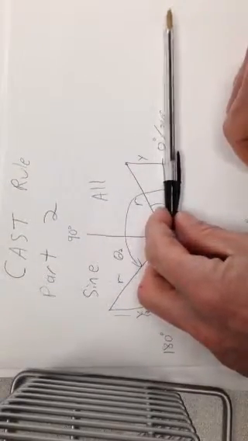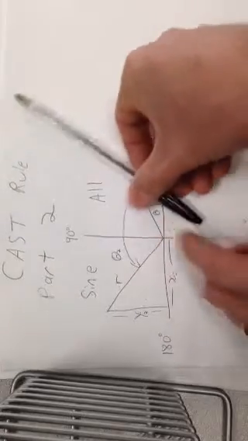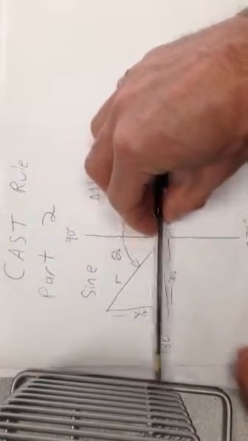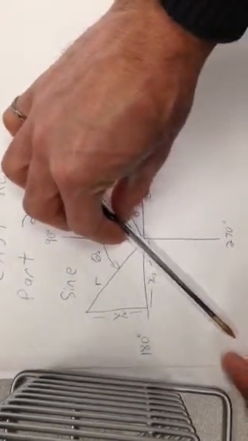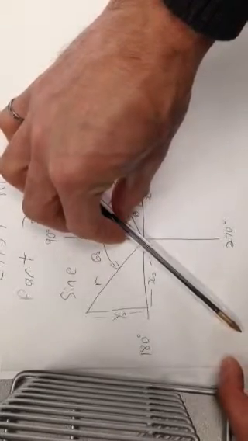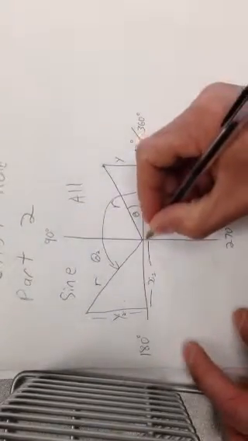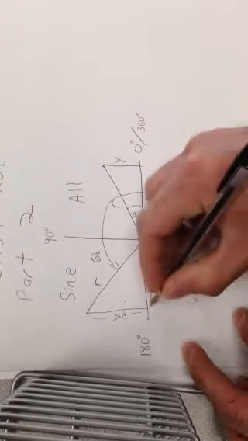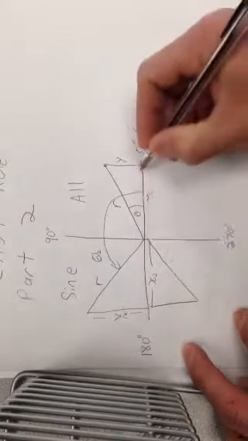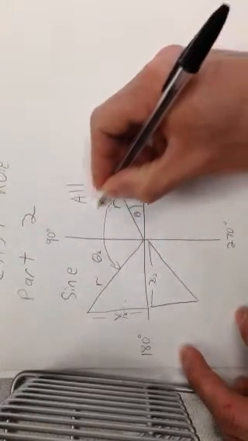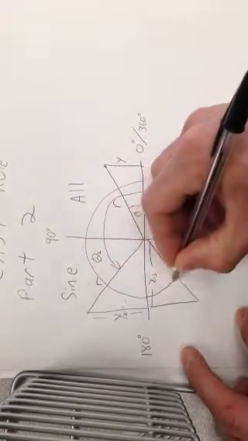Let's continue to rotate. So from here, if I rotate past 180 degrees over here, so I'm between 180 and 270 degrees. I'm going to call this angle theta 3.